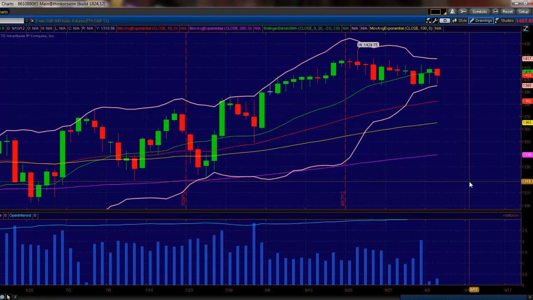But I'm going to be watching it very carefully as these Bollinger Bands resolve. So for me right now, the 20-day moving average middle Bollinger Band is the key. So no big bets, and watch and see how things resolve.